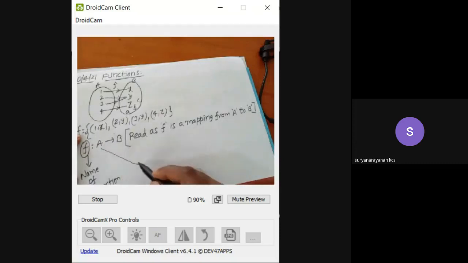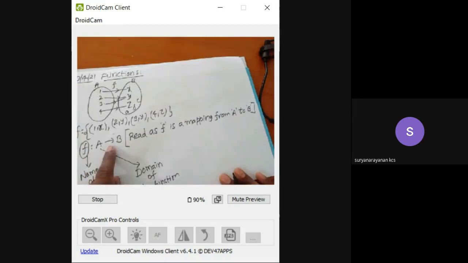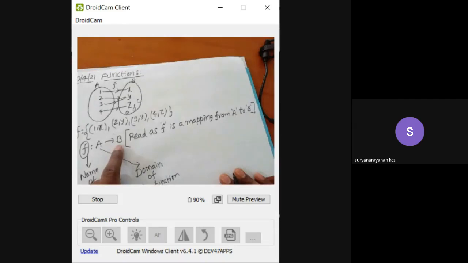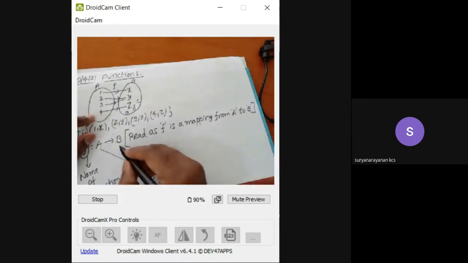And after this arrow symbol, the letter denotes the codomain of the function.